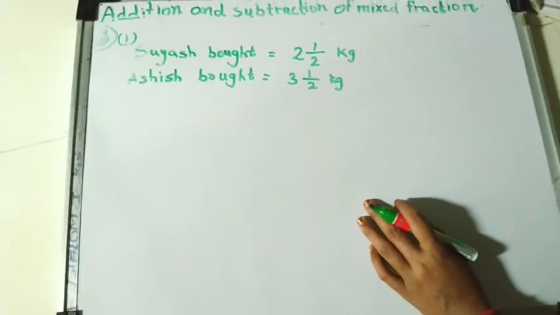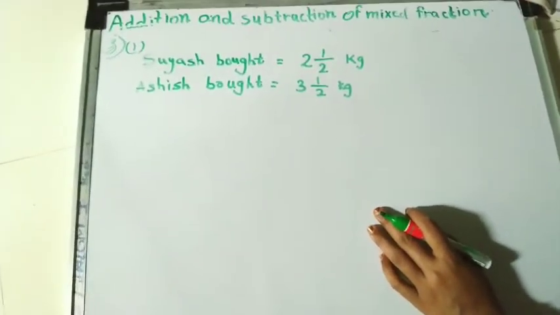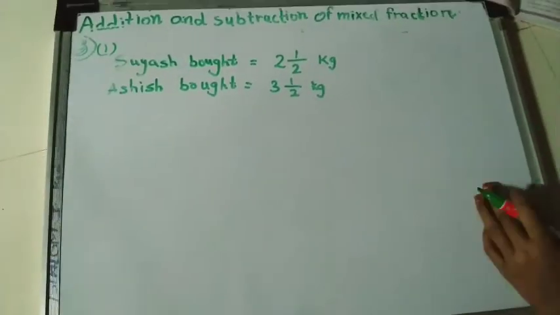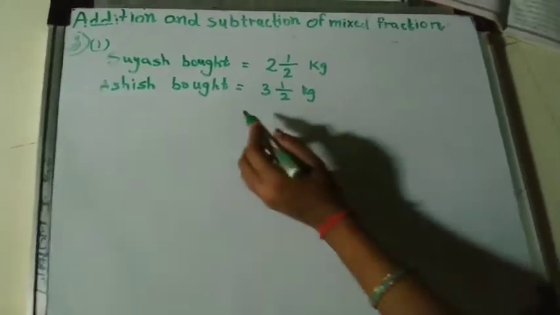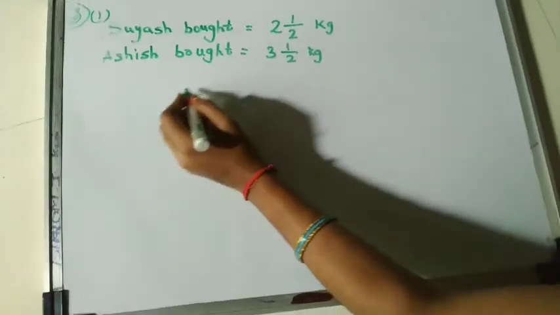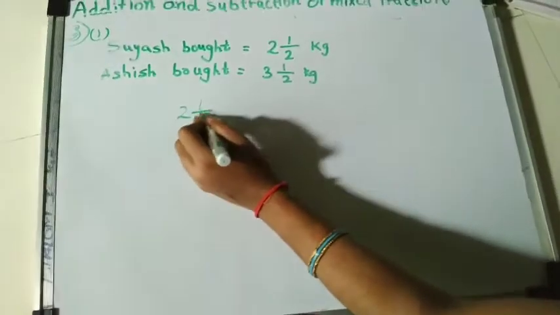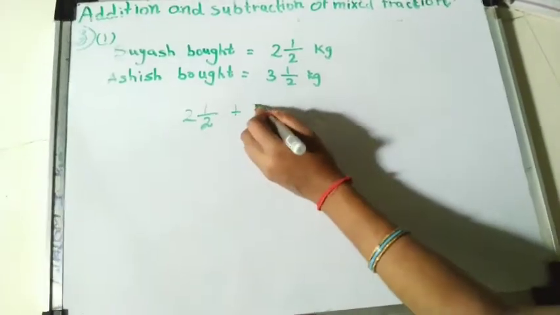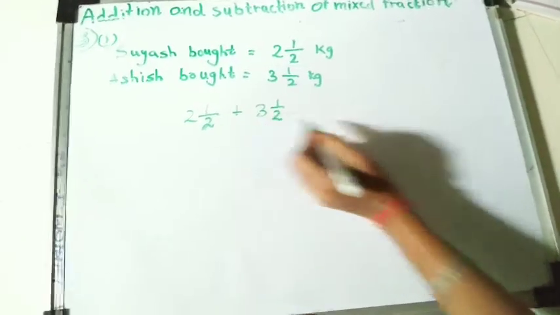Next question is, how much sugar did they buy together? Together means addition. How much sugar did both buy? Then what do we do? We add 2 upon 1 by 2 plus 3 upon 1 by 2.